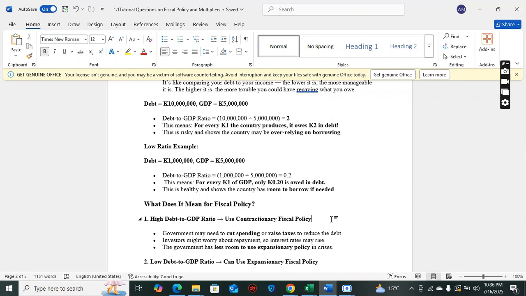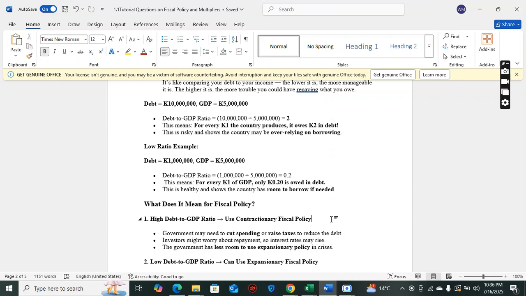If you implement an expansionary fiscal policy, that debt is going to grow even higher. So if the country has a high debt to GDP ratio, it would be in its best interest to implement contractionary fiscal policy.